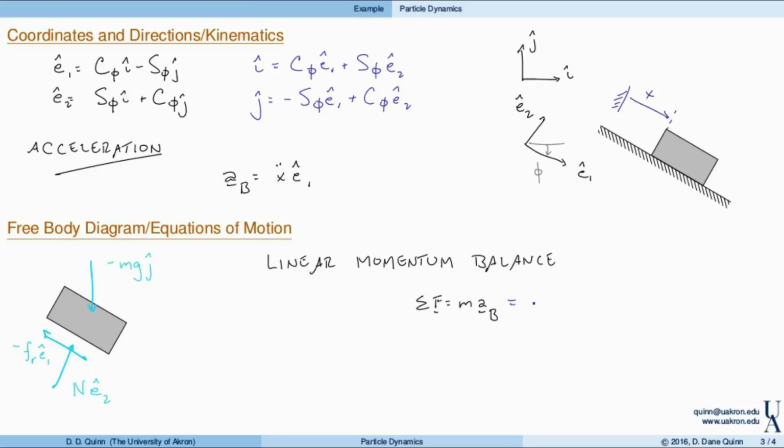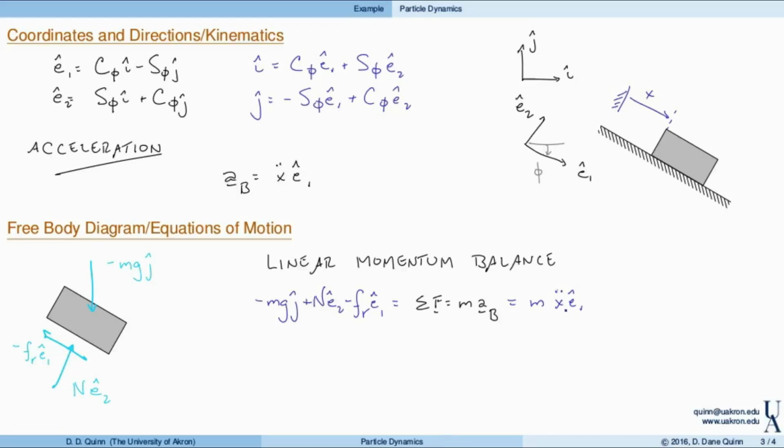So the right-hand side is m x double dot in the E1 direction, while the forces that act on this system are minus mg in the j direction, plus N in the E2 direction, that's the normal load, minus the friction force, Fr, in the E1 direction.